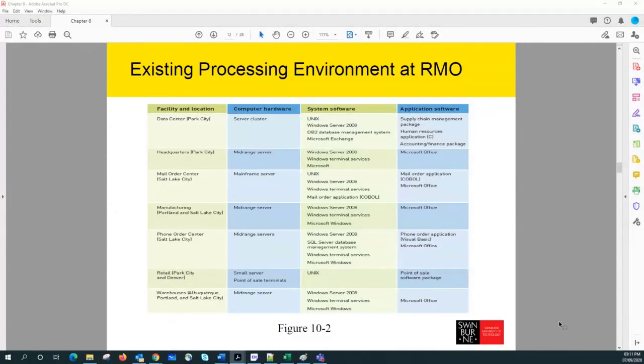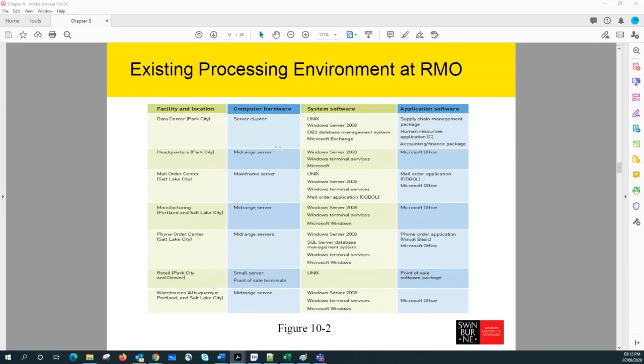So what they have done is categorize the deployment environment based on the facility or the location of the particular processing environment.